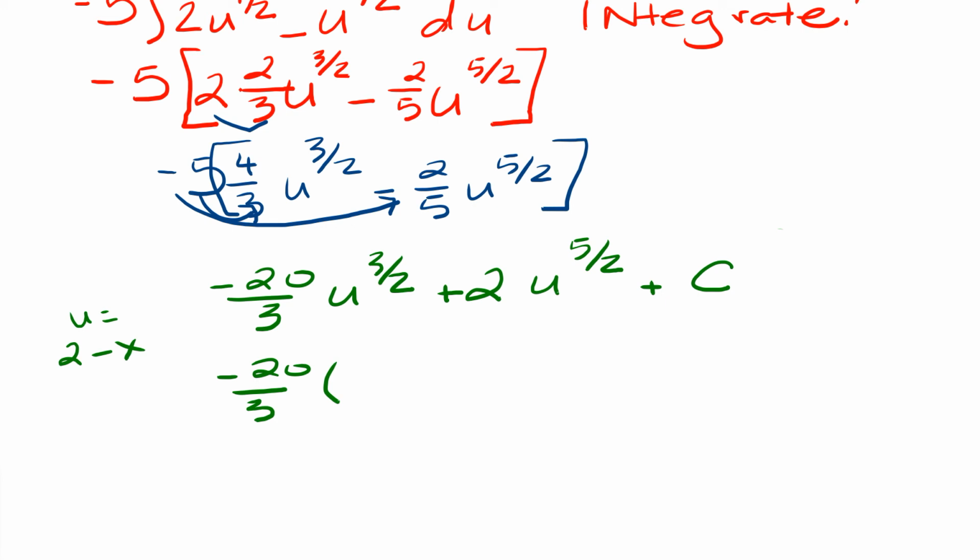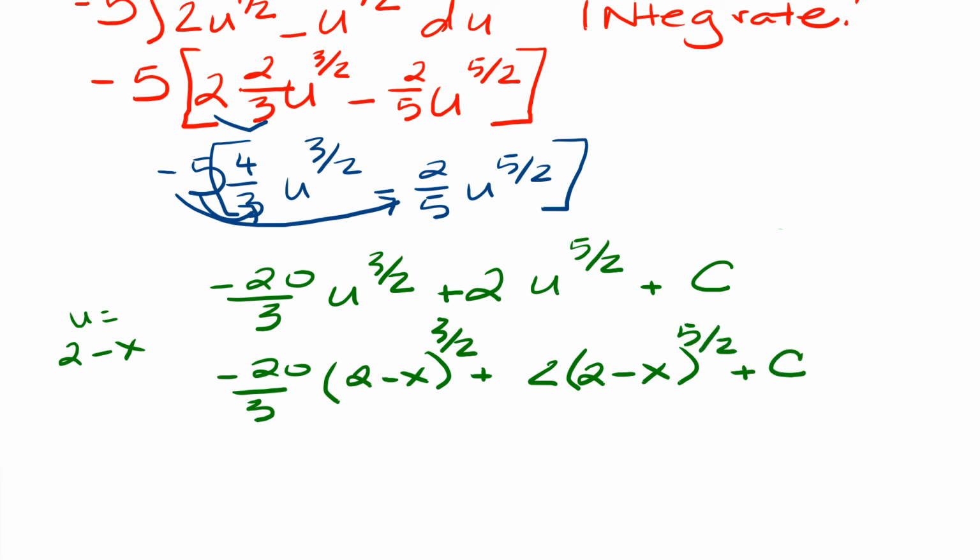Okay. I can't even blame the tablet on that. Okay, so minus 2 minus x to the 3/2 power, plus 2 times not u, but 2 minus x to the 5/2 power, plus c, because remember we have an infinite amount of constants that we can add to this and it would have the same integral.